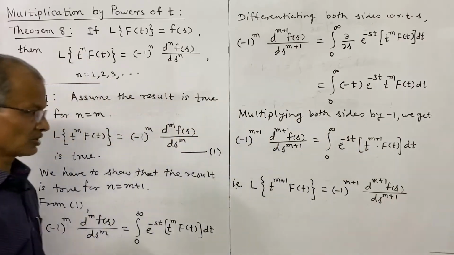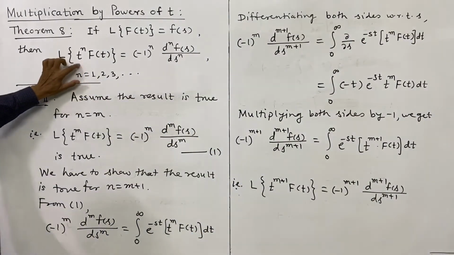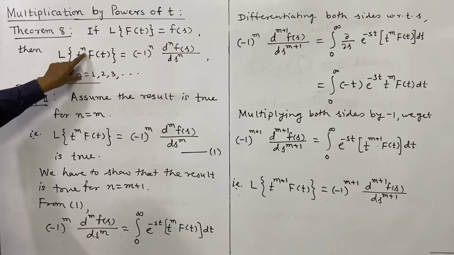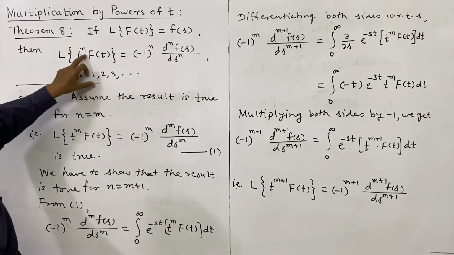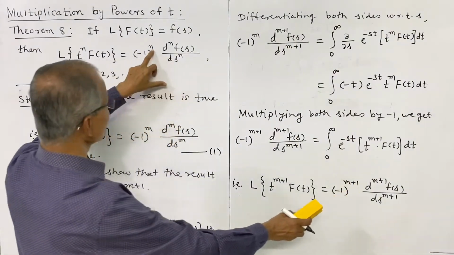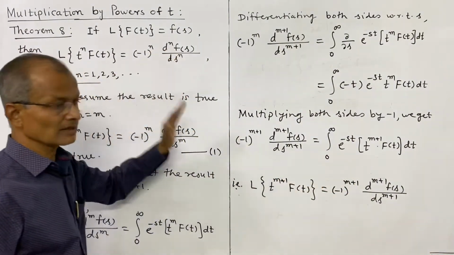Now what does this show? This shows that the theorem, this result, is true for n is equal to m plus 1. How? We see wherever n is there, we can put m plus 1. So it is t power m plus 1 f of t, minus 1 to the power n is m plus 1, and this is m plus 1. So it is exactly the same result.